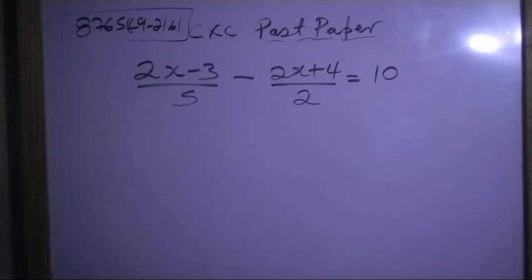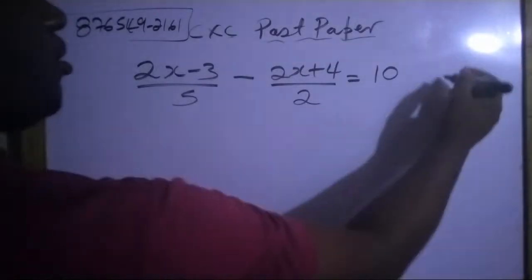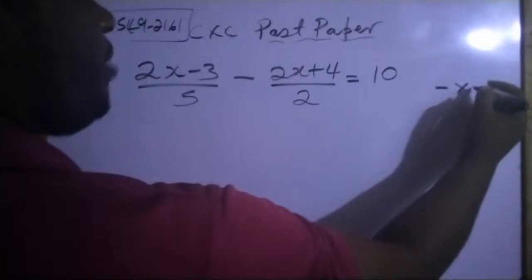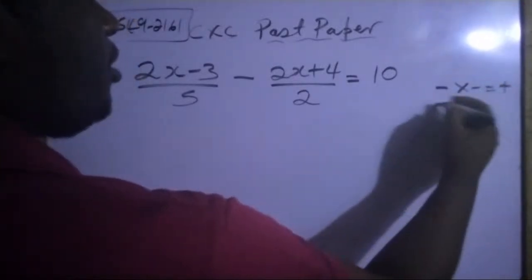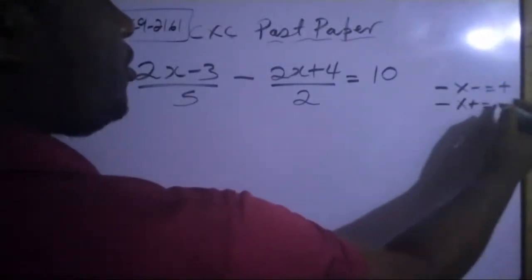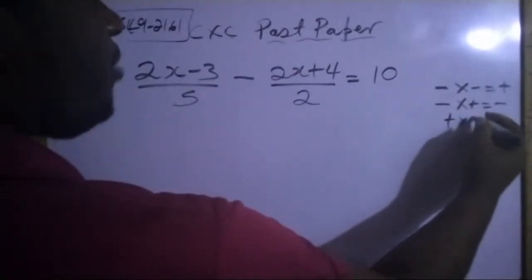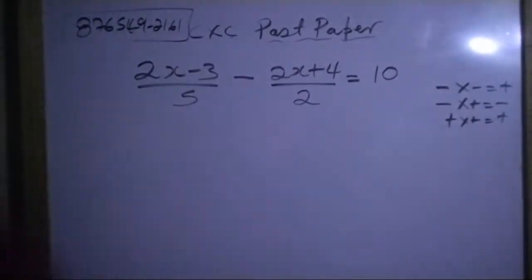Alright, so this is the rule, guys. Very important rule. When multiplying, negative times negative, that's positive. Negative times a positive, negative. Positive times a positive, positive. The only time you get a negative is when the signs are different. Once the signs are the same, you're always going to get positive.